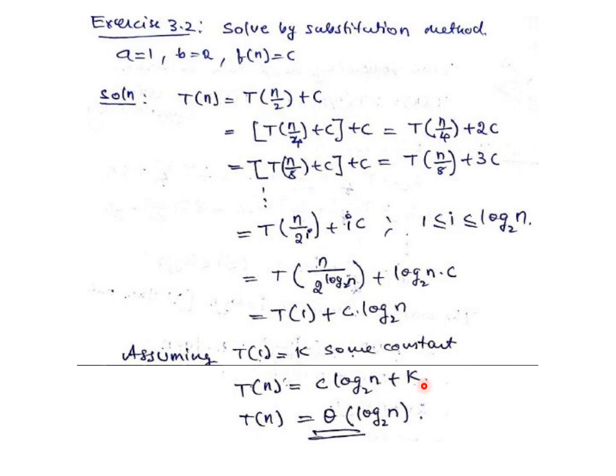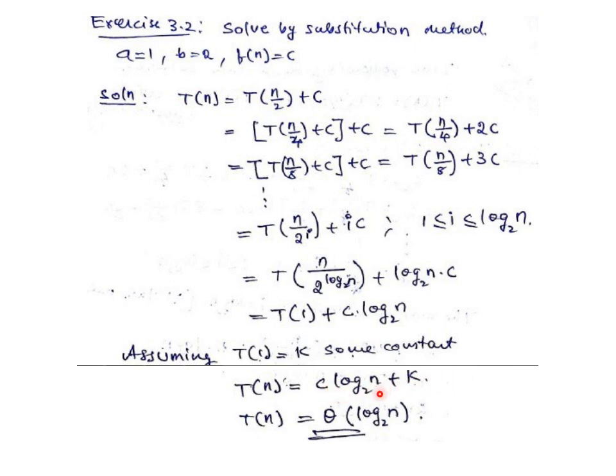So c and k are constants, so no need to approximate. The value won't change. The time complexity depends only on the value of n, the input instance. When the value of n increases, the time complexity also increases. And c and k won't change, because they are constant values. If n is equal to 100, the c and k values are the same, and if n is equal to 1000, the c and k values are again the same.